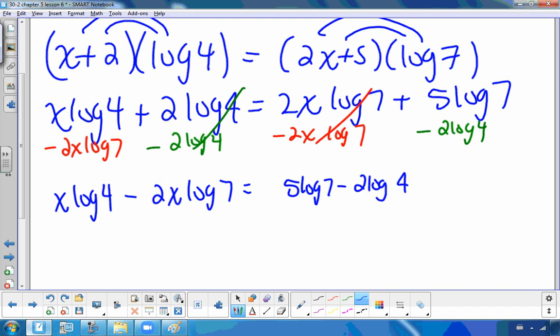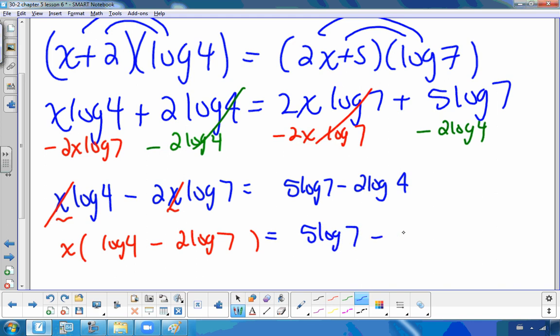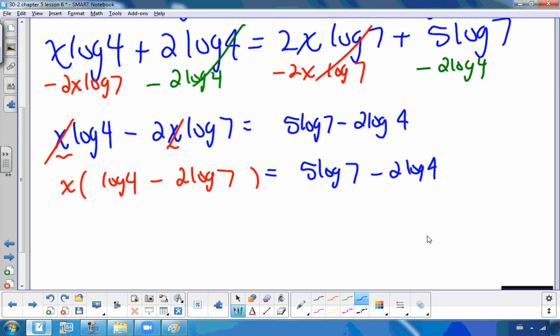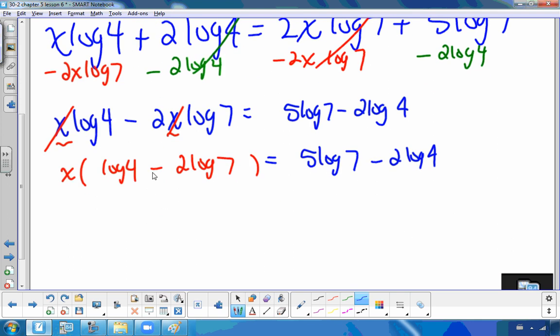So on the left-hand side, I have a GCF of x. So I'm going to factor these x's out, take it out. And what I'm left with is log 4 minus 2 log 7. And that will be equal to 5 log 7 minus 2 log 4. Okay, so again, I've just multiplied x by a number.